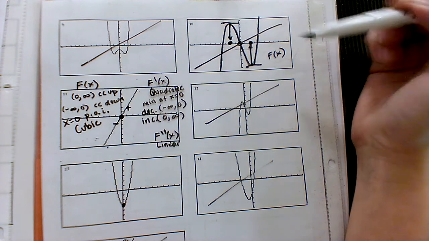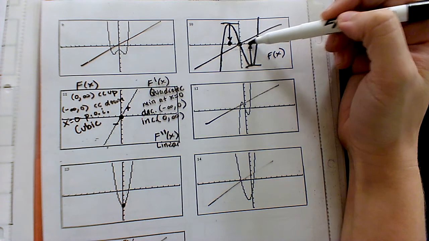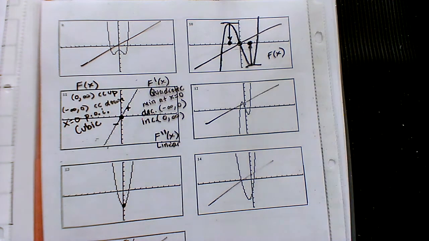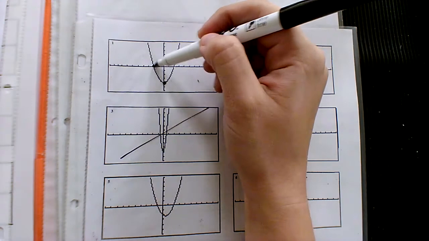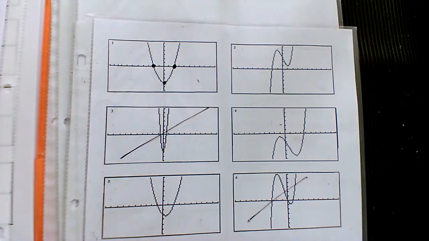So the derivative graph, f prime, should have x-intercepts at those spots. So it looks like we can ignore 13 because they're at -1 and +1. And number 1 graph checks out.